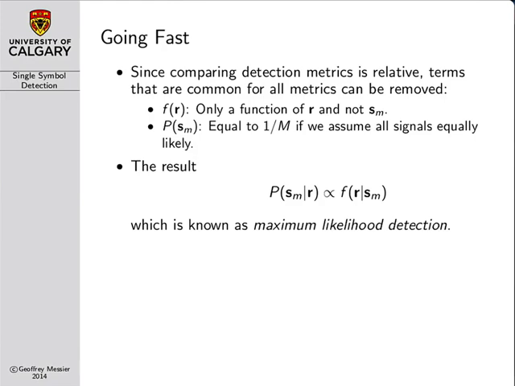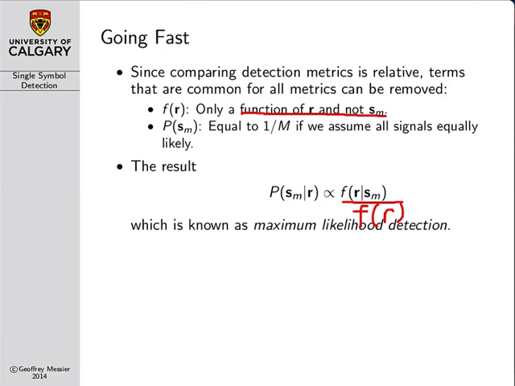If you remember, on our denominator, we had our distribution of our received signal vector. However, this distribution is a function only of the received signal vector R and not the transmitted signal vector Sm.